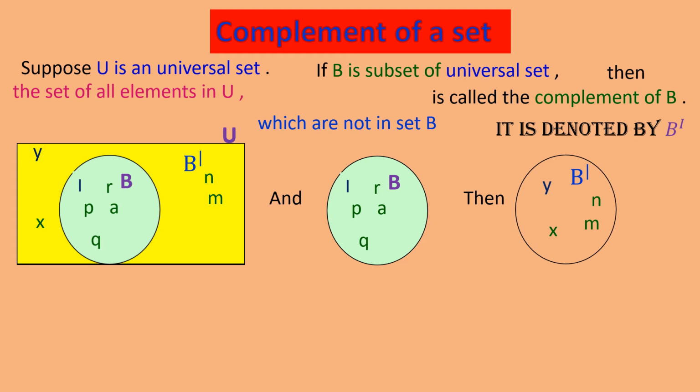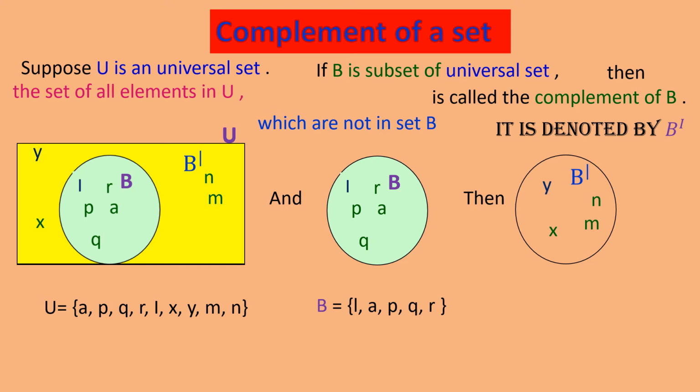Let us see how we can indicate all these things in roster form. The universal set will be written in curly brackets: A, P, Q, R, L, X, Y, N, M. All the elements we write.